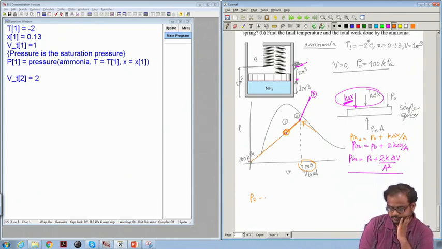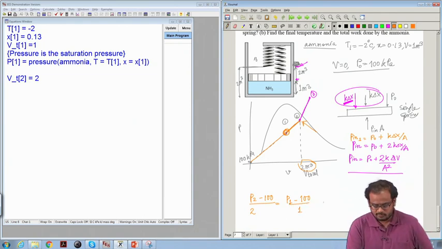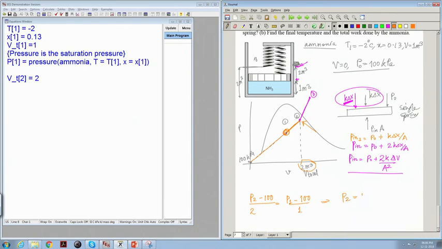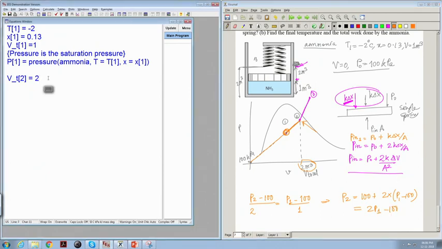So, (P2 minus 100) by 2 is equal to (P1 minus 100) by 1. Thus we obtain P2 equal to 100 plus twice (P1 minus 100). So, this is equal to 2 P1 minus 100. So, let us put it down: P2 equal to 2 into P1 minus 100. So, thus we know what P2 is. All right. Now, what about state points 2 to 3?